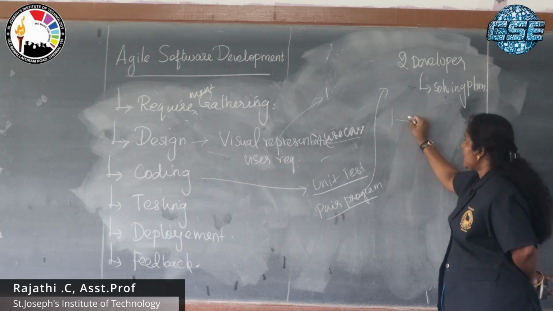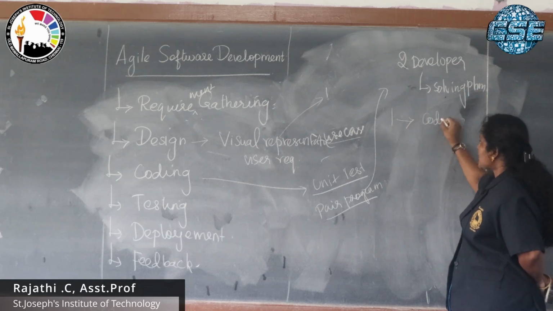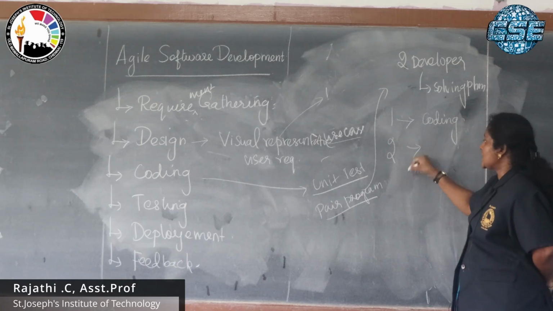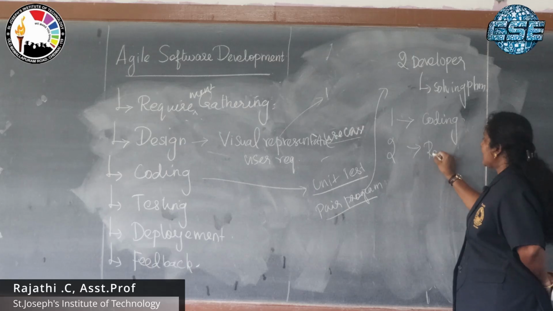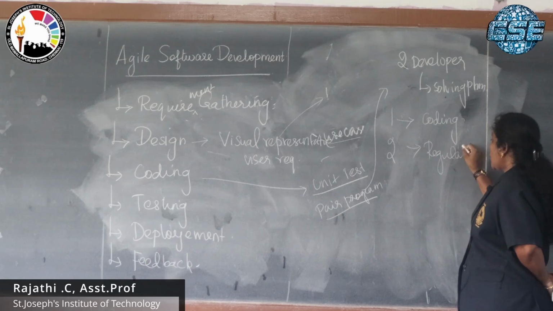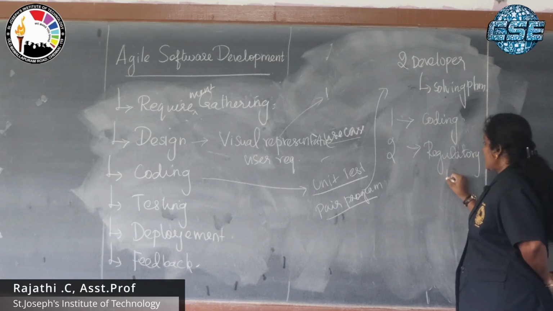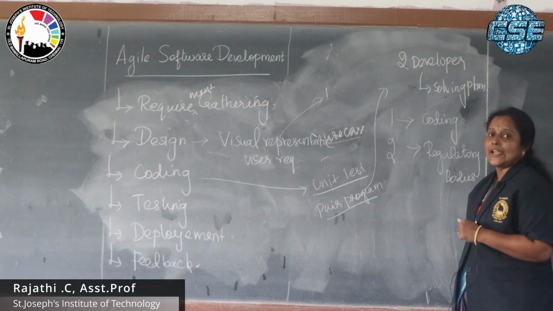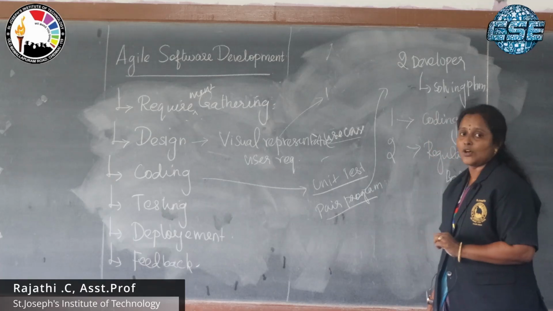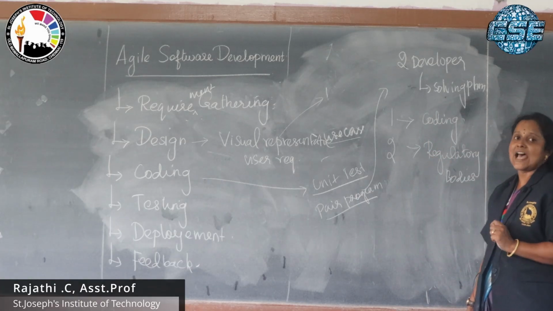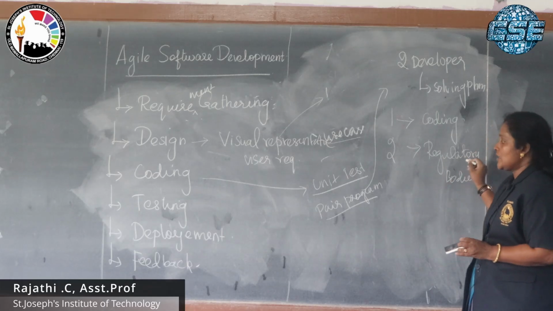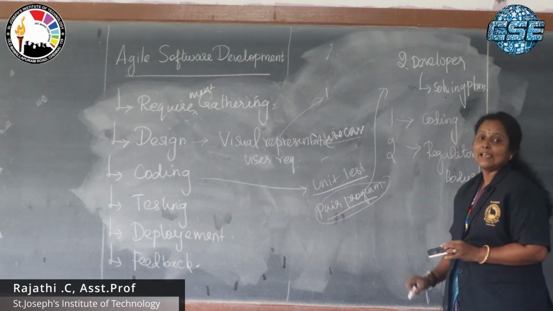One developer works on the actual coding part and the second developer works with the regulatory bodies of the code, to ensure the code created is efficient for creation of the particular software as well as supports the regulatory bodies. So this pair programming has to be carried out.